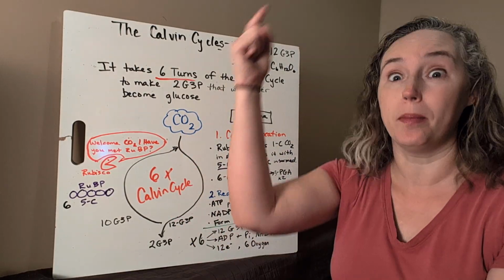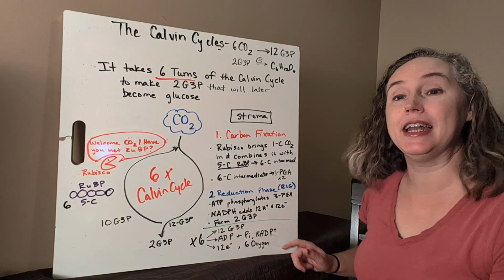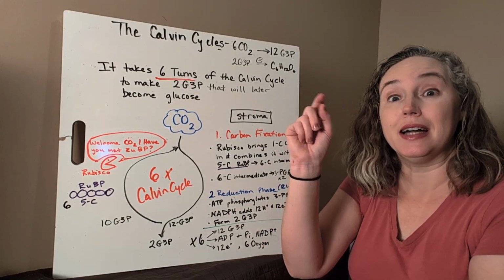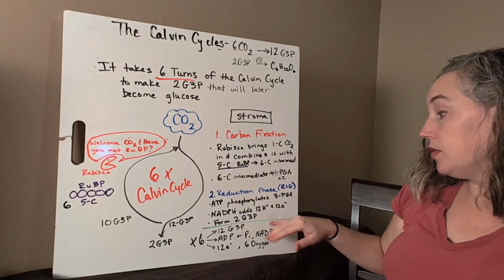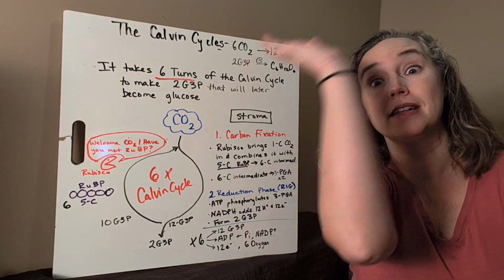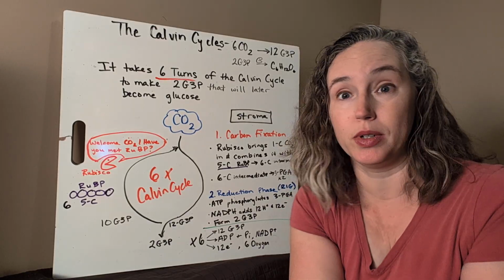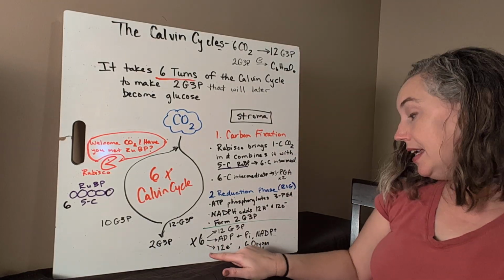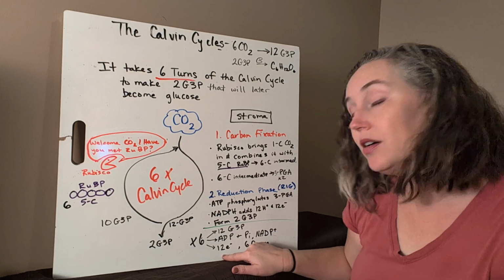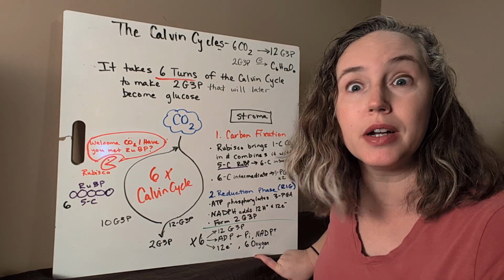Those are going to go back to the light reactions to be recycled. You're going to get NADP plus because you've broken off your protons and electrons. And so that's going to go back to the light reactions in the thylakoid membrane to get recycled. Then you're going to have 12 electrons and 6 oxygens floating around in the stroma.